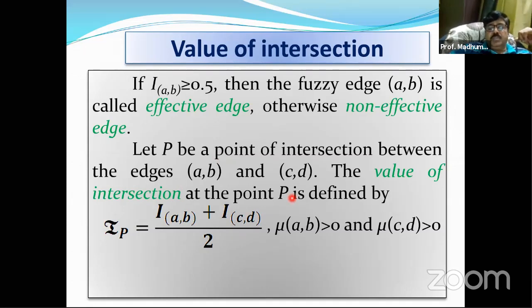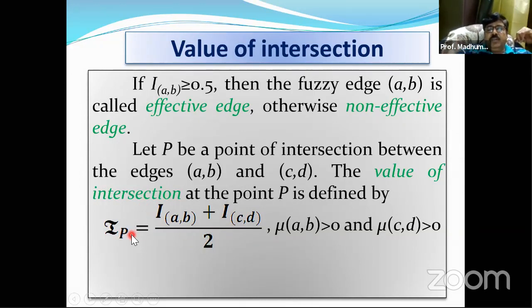So if you consider a particular edge is intersected with another edge, the edges here we consider A, B, and C. There are two edges, and these two edges are intersected in the given diagram at the point P. So at that particular point P, the value of intersection is denoted by IP, and it is nothing but the average of the considerable values. That one I have already mentioned in the previous slide. So that one is the average of the considerable values. That one is called the value of intersection at the point.